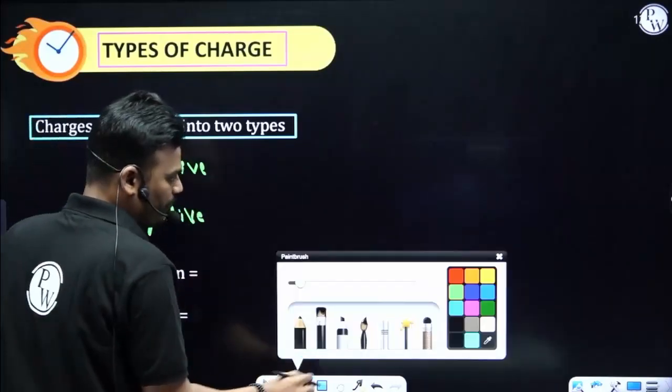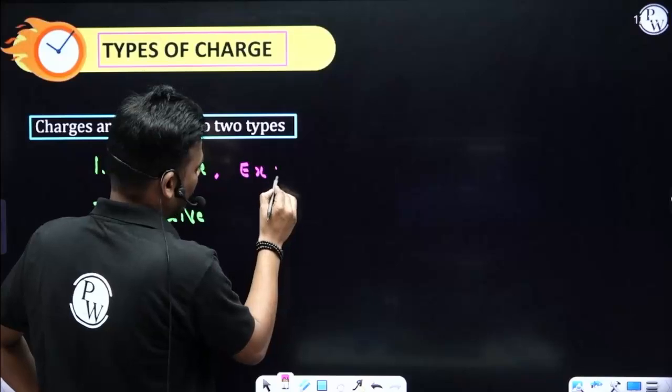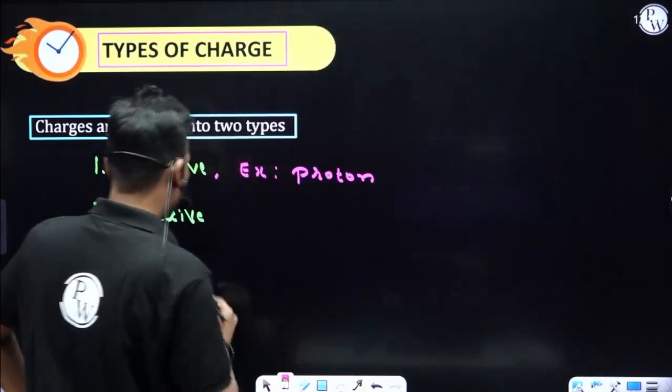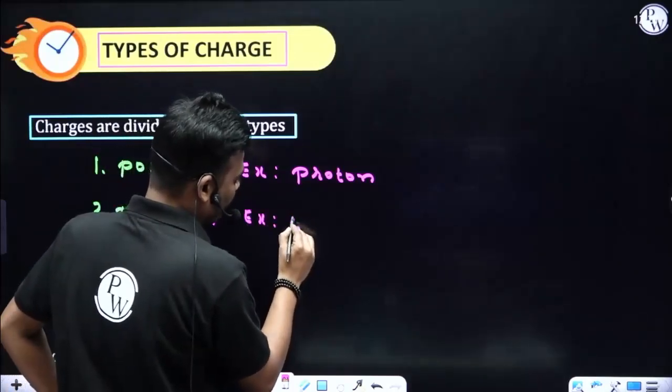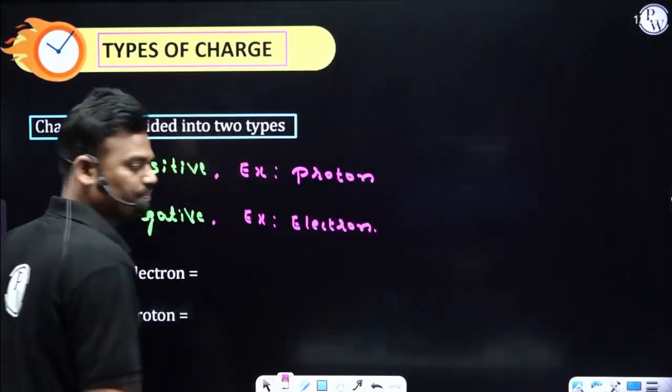Example for positive charge, you can consider proton. And example for a negative charge, you can consider an electron. Got it?